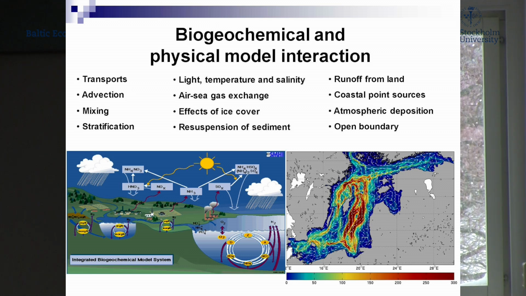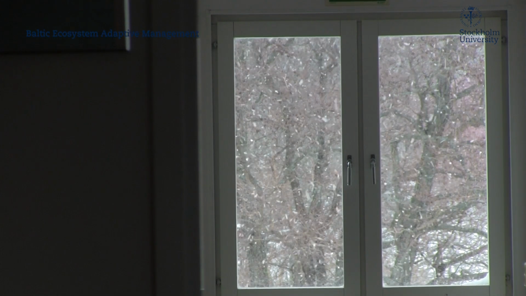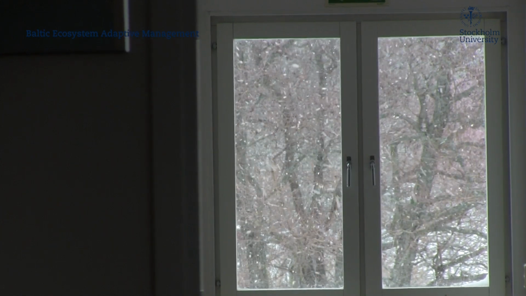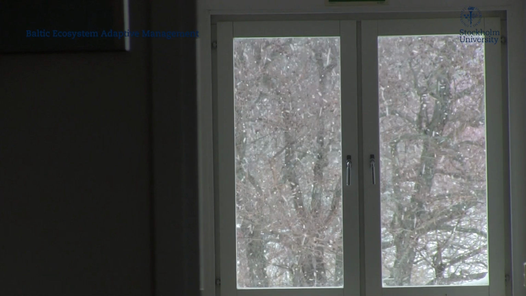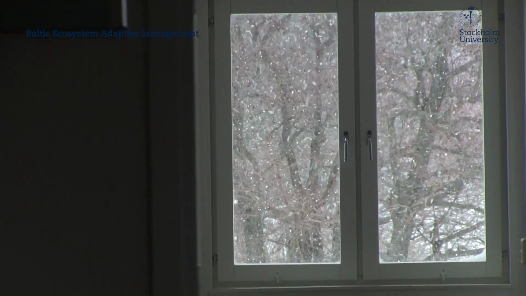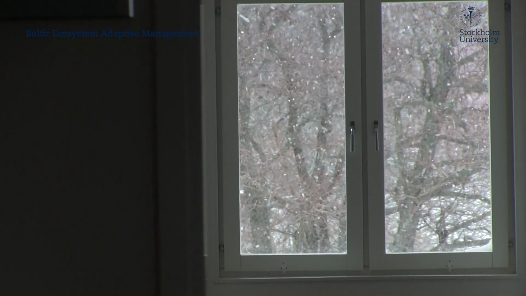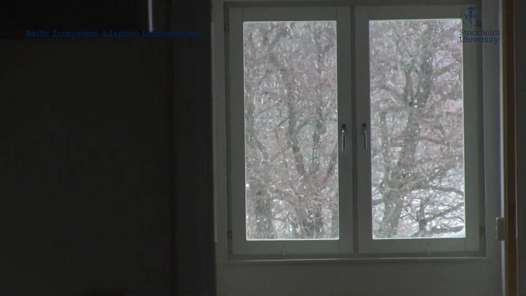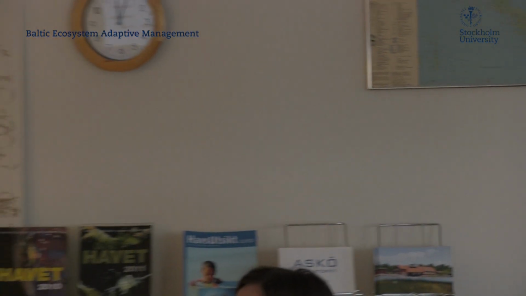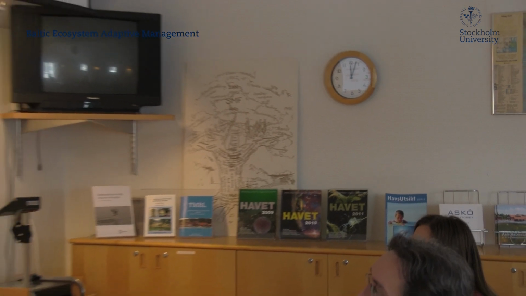So this cannot be seen separately. Atmospheric deposition, all these parts are very important to include, and you need to have good data sets to get good results for the nutrient cycling in the ocean. So therefore, one can always argue, well, is it meaningful to add more processes into the biogeochemical modeling if you have just very coarse forcing data, for instance?